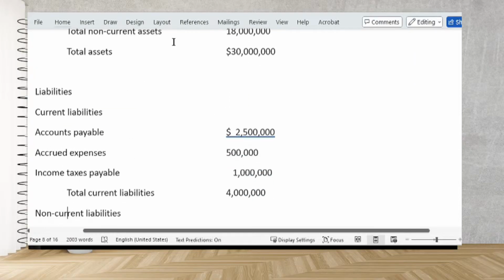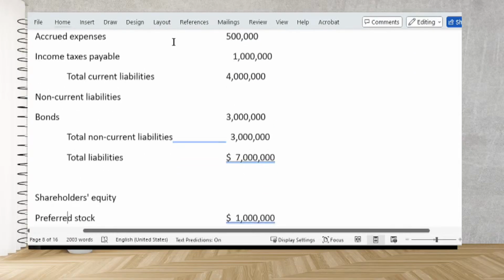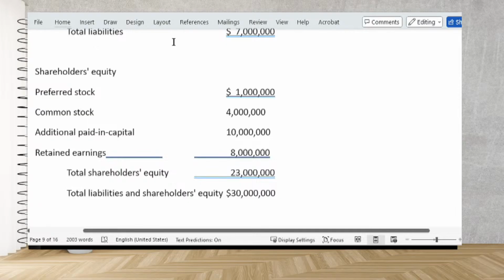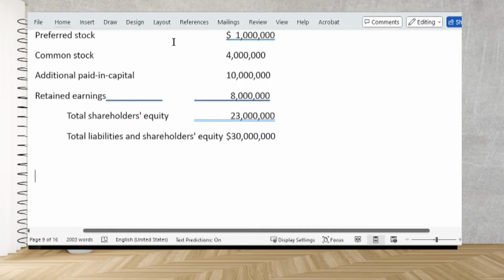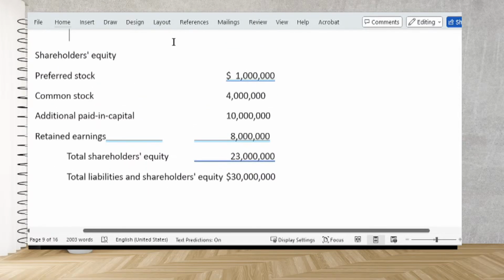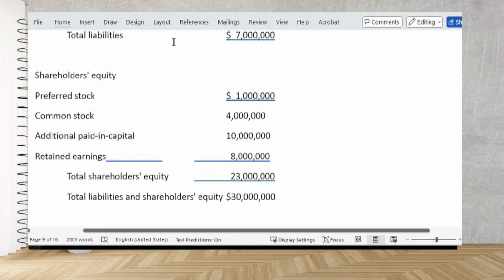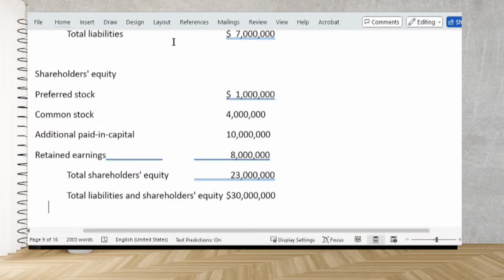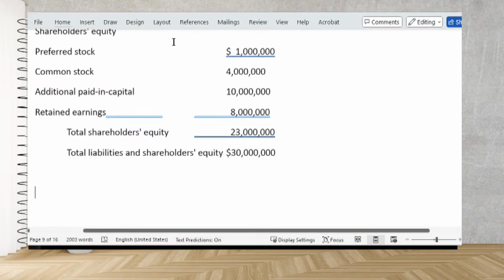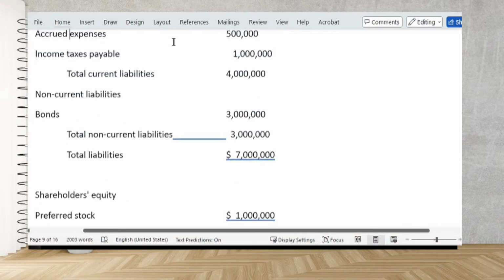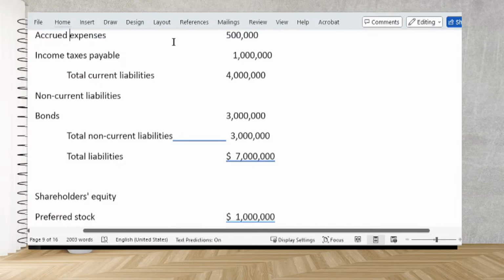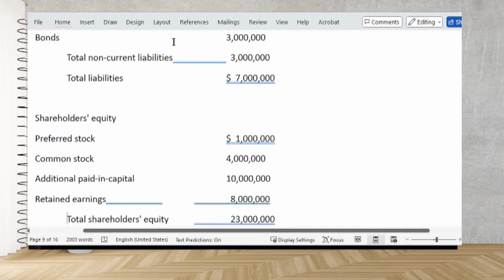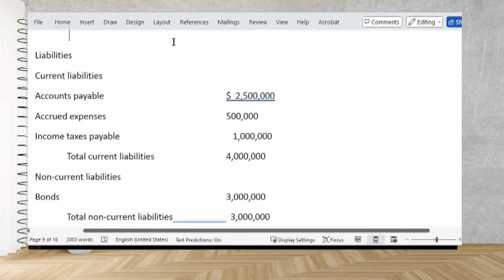Current asset, shareholders equity 1 million. Common stock 400,000. But we should know the face value, the number of common stock. $4 million.